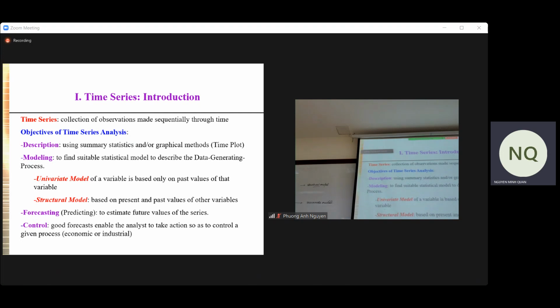As you see today, AR or MA or a combination of both. So, univariate models. It's also possible to combine both.